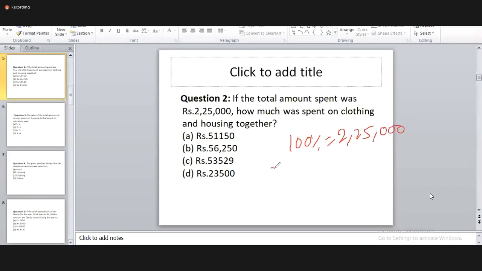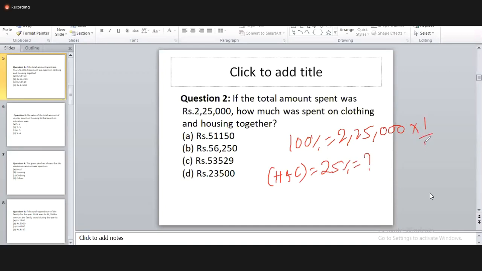Together, clothing and housing is what percent? 25%.